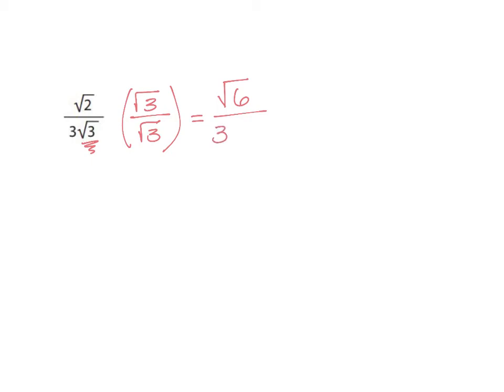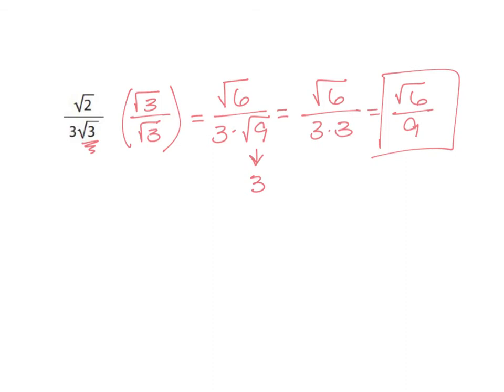Then I have 3 times the square root of 9. So square root of 6, can't do much with that. Down here, though, this has a value of 3, so then I end up with 3 times 3. So we have the square root of 6 over 9. Some of you may want to simplify, but remember that 6 is under a radical while the 9 is not. So then we would stop there.